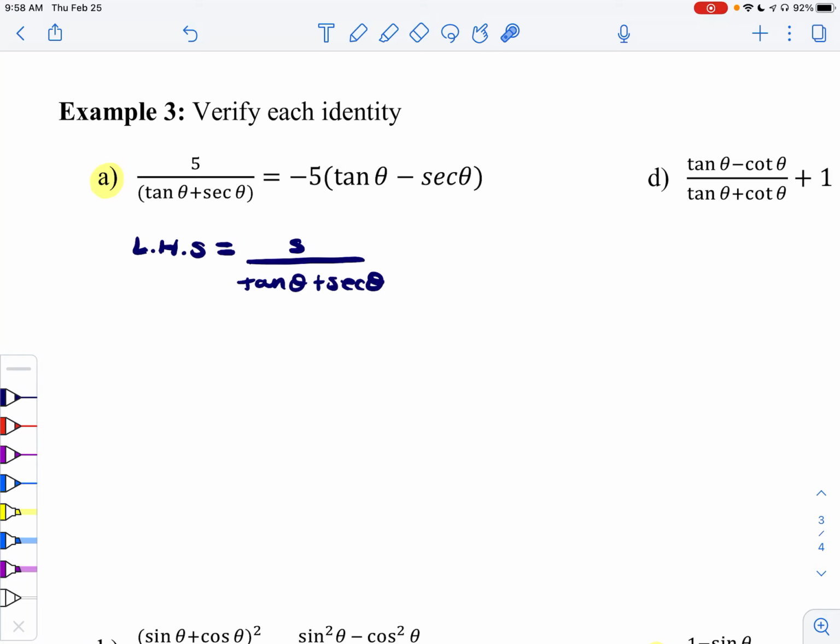Now, there are certainly other ways that you can solve this problem, and I'm not even necessarily saying that this is the best way, it's just a way. That's going to be something that you'll notice on a lot of these trig identities: there are lots of different paths that you can take that are all going to get you to the same final answer.